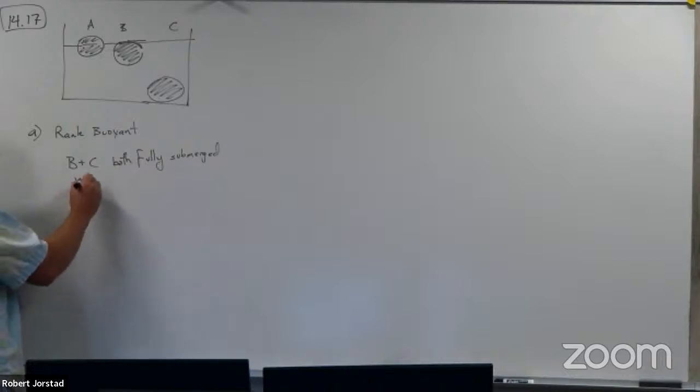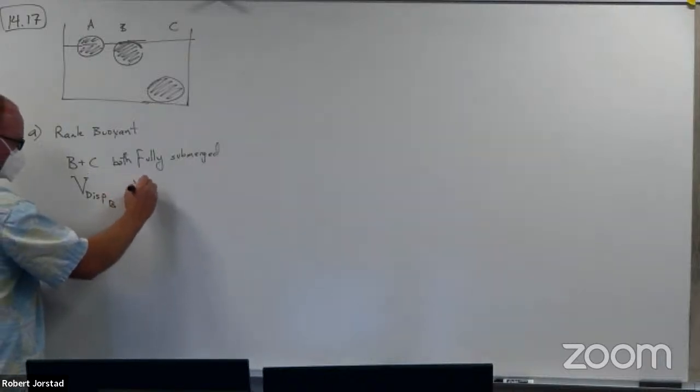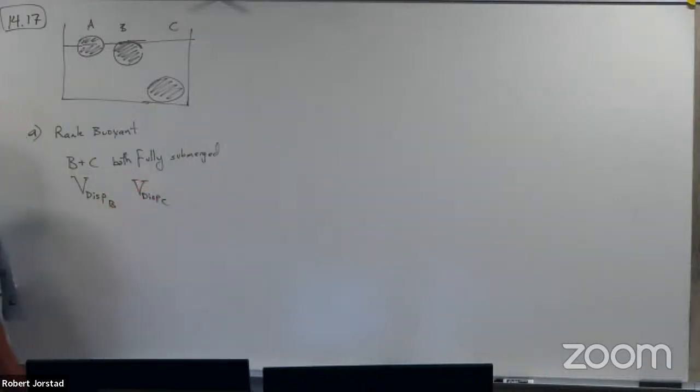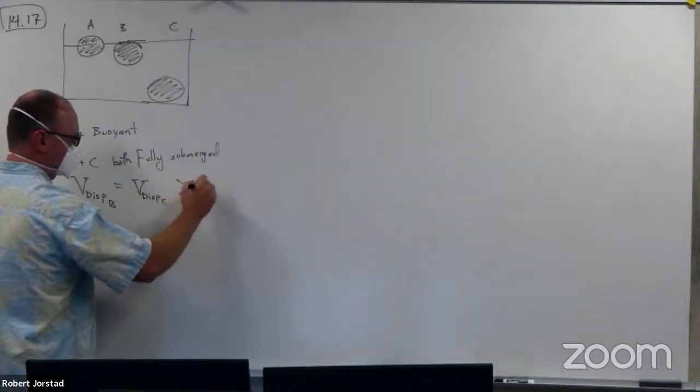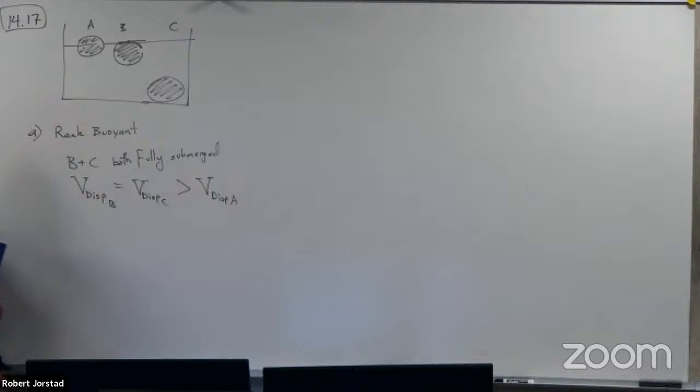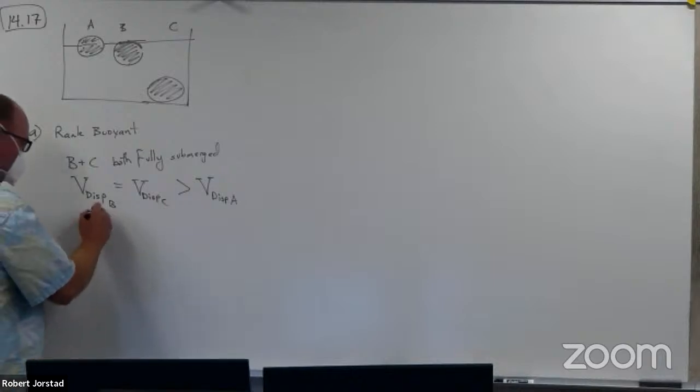What's true about the volume displaced for B versus volume displaced for C? They're the same. How does that compare to the volume displaced of A? And then do you agree the buoyant force scales with displaced volume?